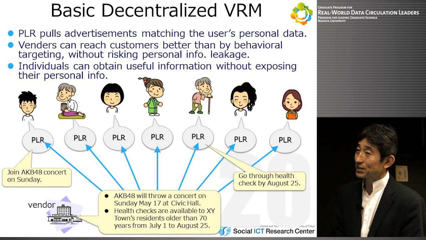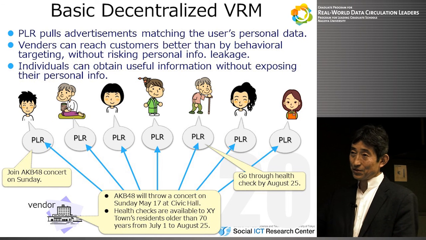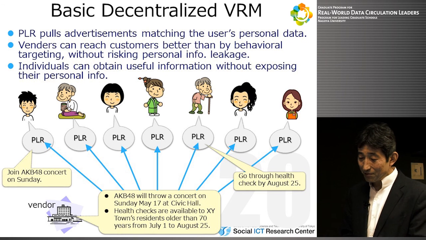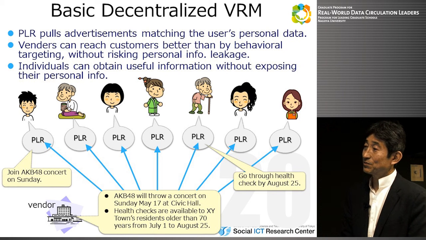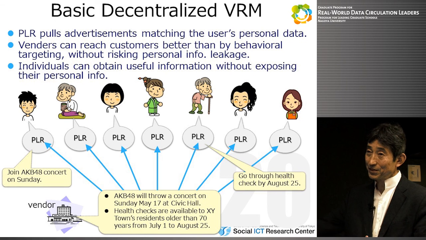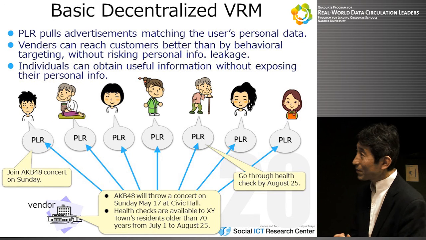Customer Relationship Management is for vendors to optimize sales to their customers. Whereas VRM, Vendor Relationship Management, is for the customers to optimize their shopping, their purchases from the vendors. So it's totally the other way around.